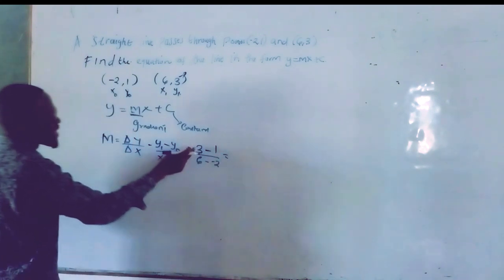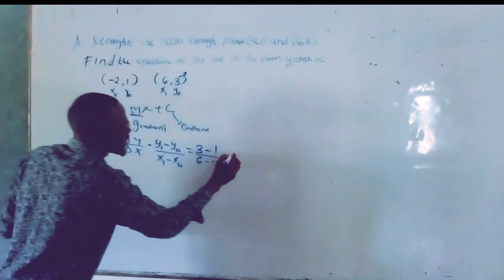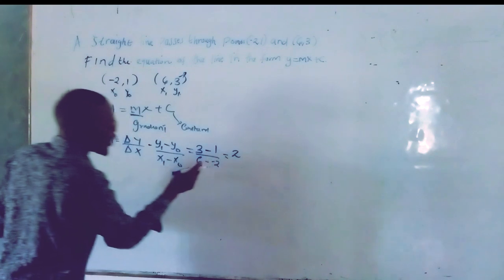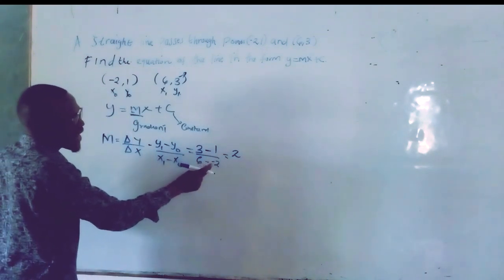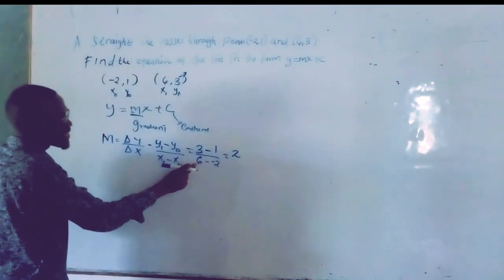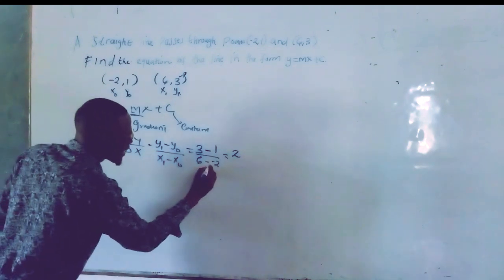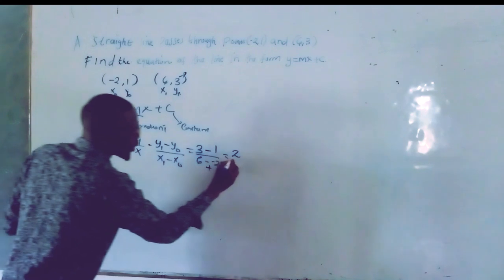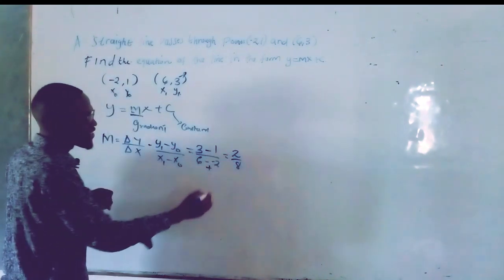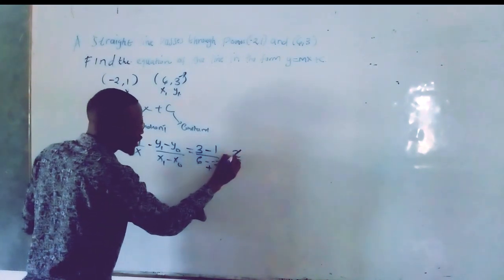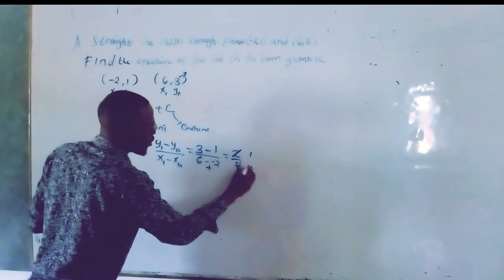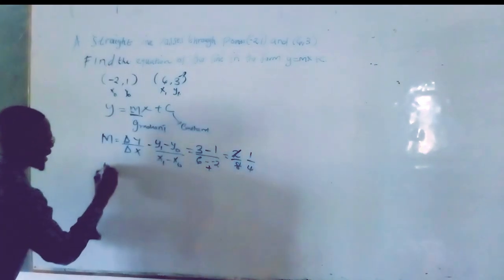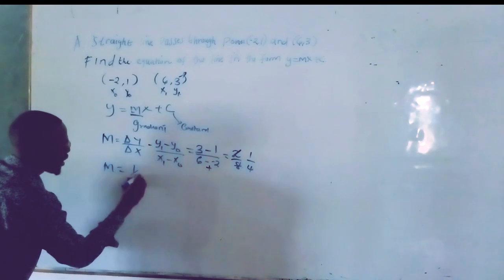This will give us what? 3 minus 1 is 2, and 6 minus -2 means 6 plus 2, since minus times minus gives plus, which is 8. When I simplify further, dividing by 2, 1 over 4. That means our gradient m is equal to 1/4.